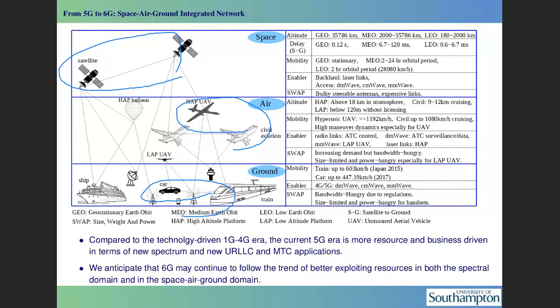They follow the same phenomenon, but because they have different characteristics, they do have differences. For example, satellites are very far away from the ground, so signal transmission from satellite to the ground would suffer more delay. And airplanes have higher mobility, so the communication here will suffer more from Doppler effect.